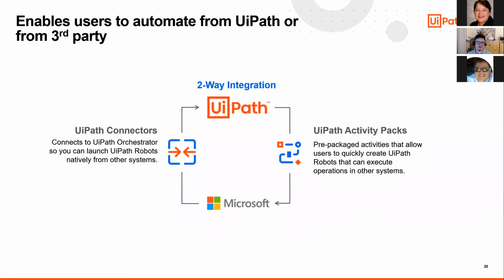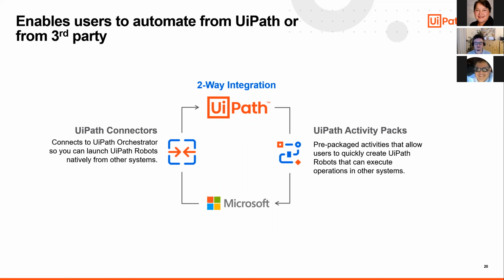And when we speak about API integration, there is a two-way integration we provide, right? So we're talking right now only about API integration, so no UI. And we have the possibility to let a robot, for instance, reach out to Microsoft Dynamics or to Teams to push a message there.